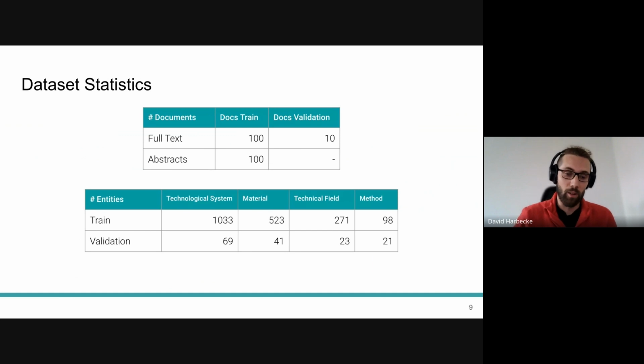In the train documents we have around 1,000 technological systems, around 500 materials, 200 something technical fields, and around 100 methods. In the validation documents, which are of course a lot fewer, we have around 70 technological systems, 40 materials, 20 technical fields and methods.